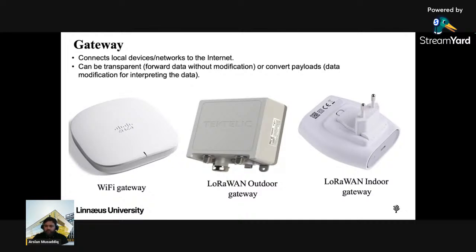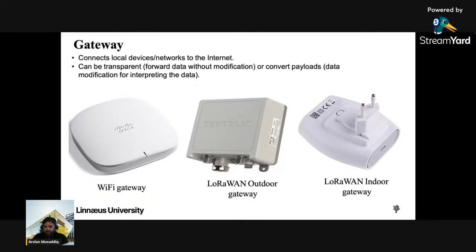One, transparent gateways, which simply forward data without any modification. Or we have payload converting gateways, which are more advanced and can modify or convert the payloads. For example, they may translate data formats or protocols so that the receiving system can properly interpret the information.